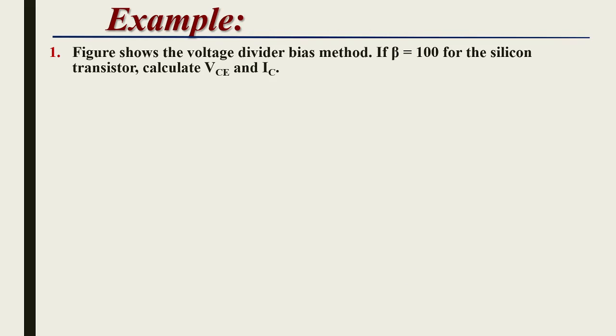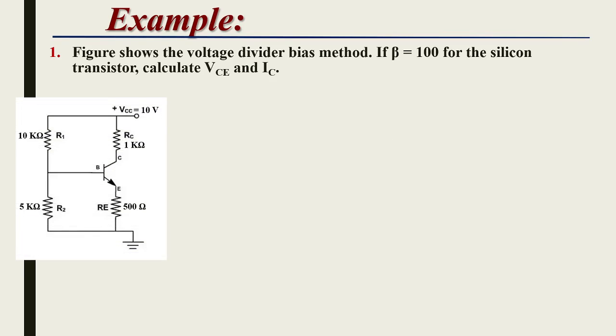So let's see an example. Here the figure is given where potential divider bias is used for biasing this amplifier. Beta is given as 100 for the silicon transistor. As this transistor is silicon, its VBE, the base emitter voltage drop, is 0.7 volt. We have to calculate VCE and IC for this circuit.